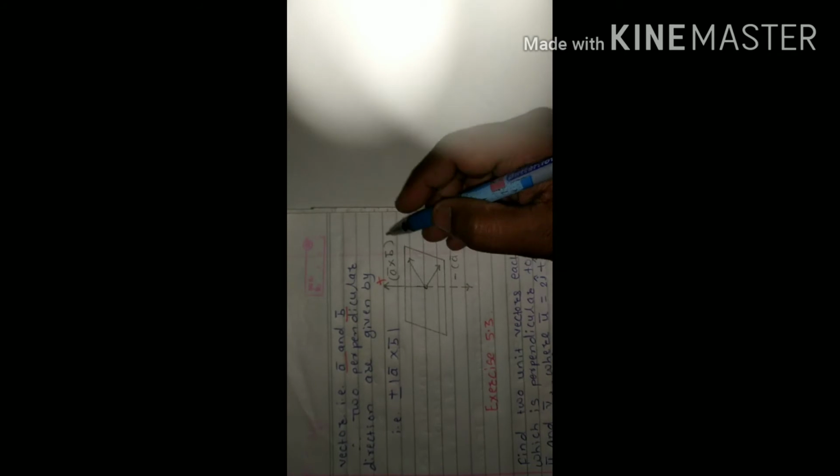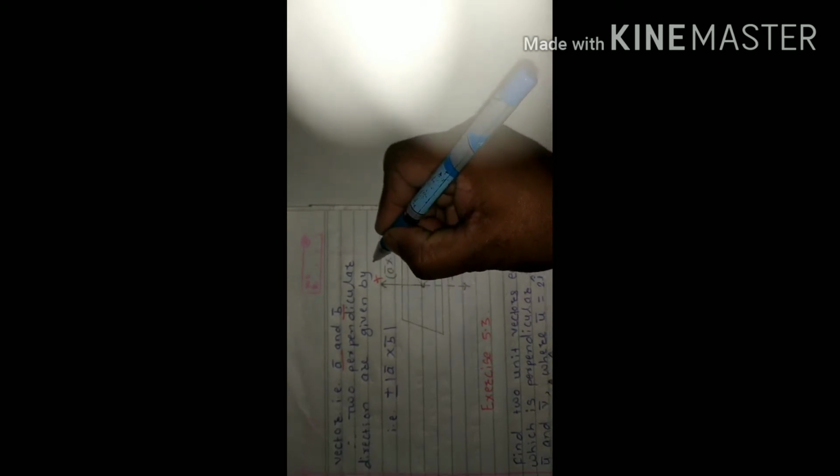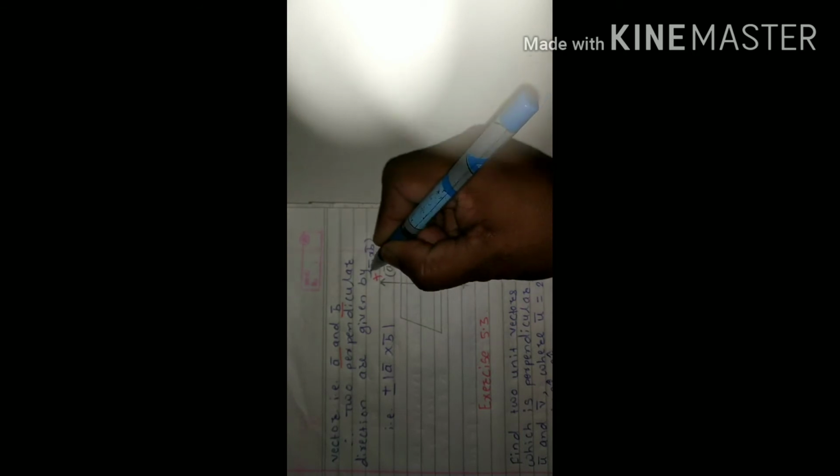Two unit vectors each of which is perpendicular to both the vectors u bar and phi bar. Therefore, in the place of a bar cross b bar, we take here u bar cross phi bar, and also minus u bar cross phi bar.